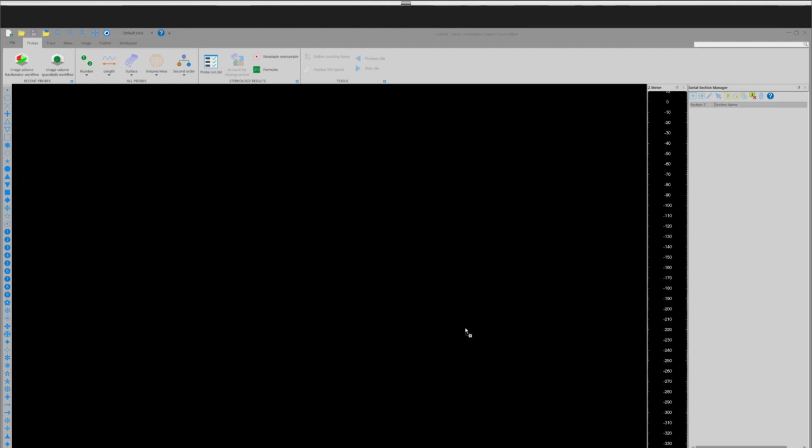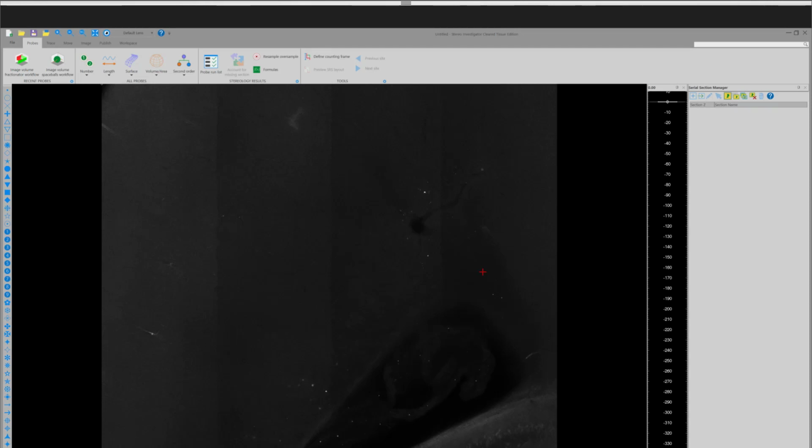So I'm going to load that up right now. This is from the lab of Chip Gerfin, so thank you, Chip. This is a 1.5 millimeter chunk of tissue. We're seeing one cross section through it right now.